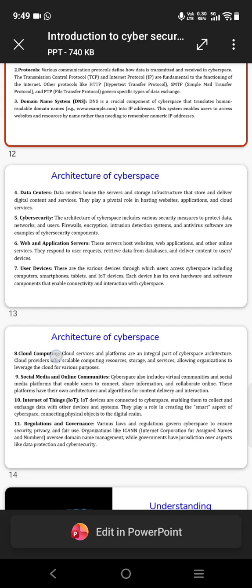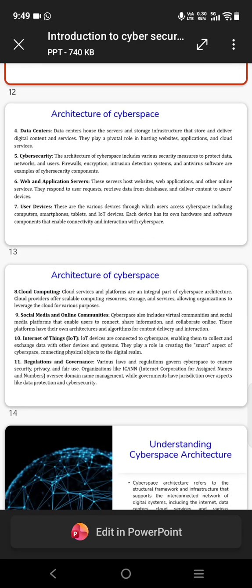Data centers. Data centers house the servers and storage infrastructure that store and deliver digital content and services. They play an important role in hosting websites, applications, and cloud services.